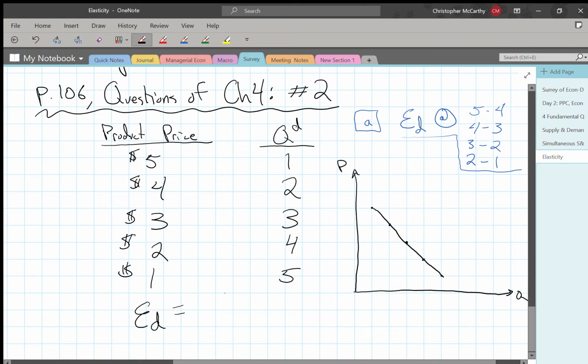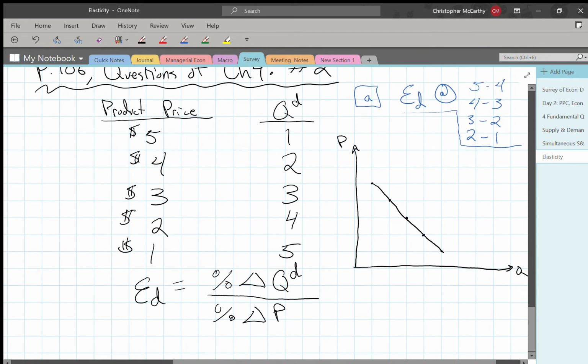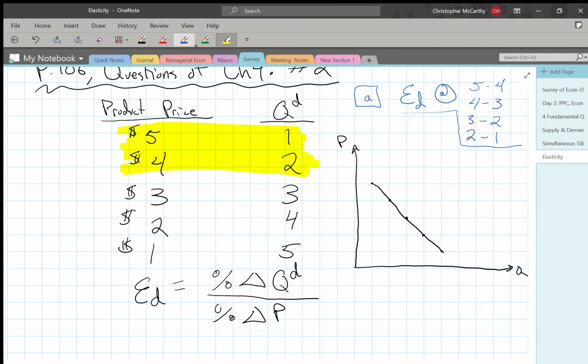Okay, so what's our formula? We've got percentage change in the quantity demanded in the numerator and percentage change in price in the denominator. And for our purposes here, the only thing we care about are the 5 and the 4. The rest of them don't matter, just for this first part. Essentially we have 2 points, right?